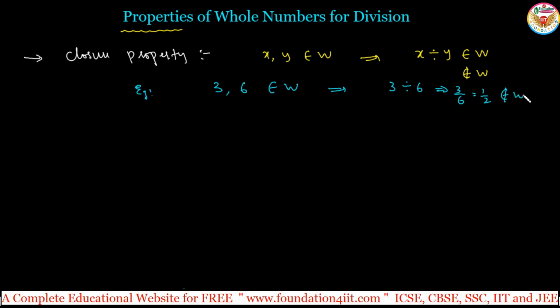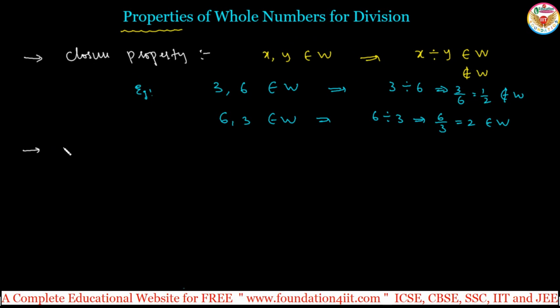So it is not a whole number. Instead of 3 comma 6, if you take 6 comma 3, then 6 divided by 3 is equal to 2. Now 2 is a whole number, right? That means the closure property does not exist for whole numbers for division, because it may or may not be a whole number, but it should always be. If it is always a whole number, then only it exists. So the closure property does not exist for the division of whole numbers.